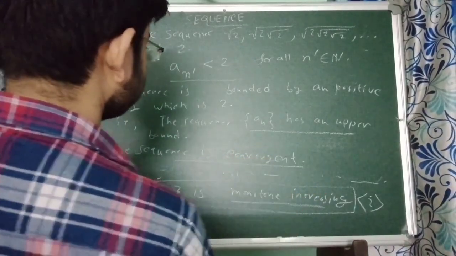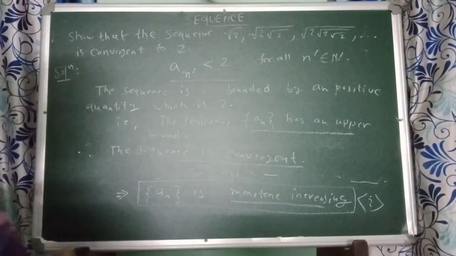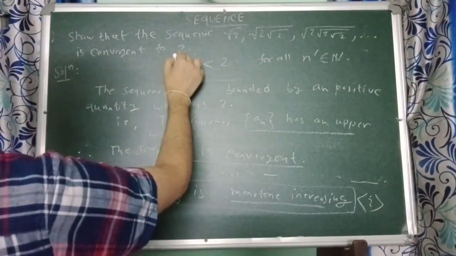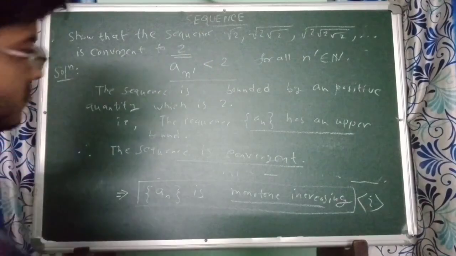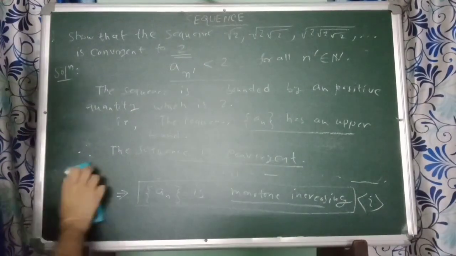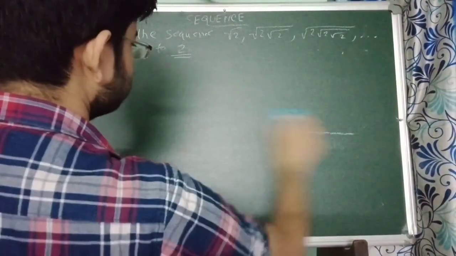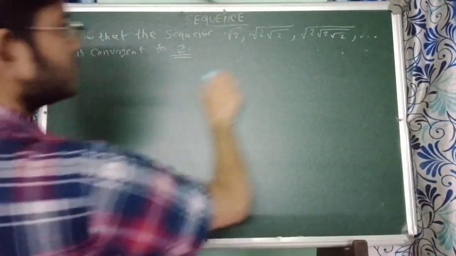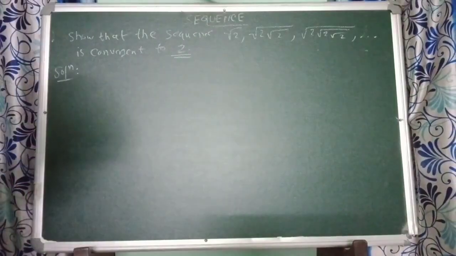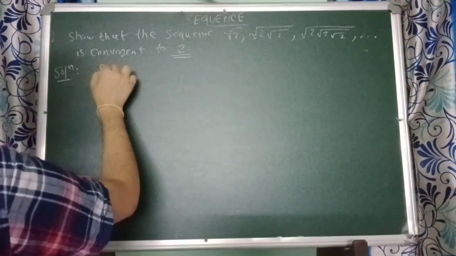This is the first part. The sequence is convergent. Now we show that this converges exactly to 2. Second part.